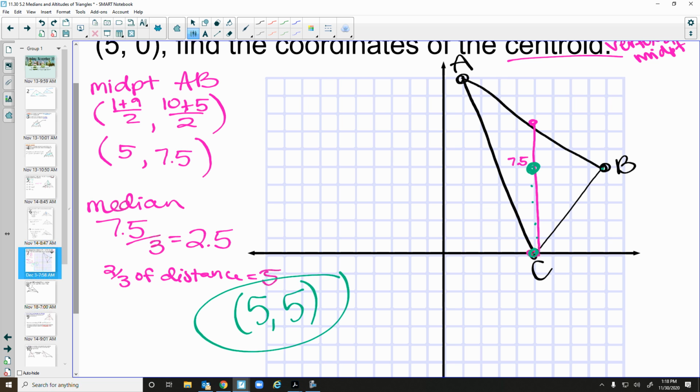Y'all are pretty fast at that. So if you just do that, try and get the easy problem first. Because if you don't, then instead of doing what we just did here, which was the easy counting, you would have to do the distance formula, and then find all that stuff with your distance formula. Okay. Are we good? Yes.